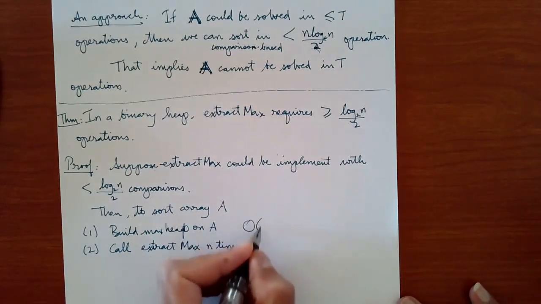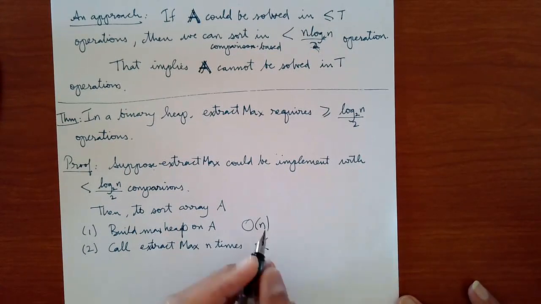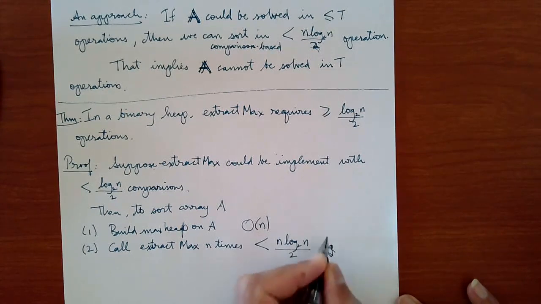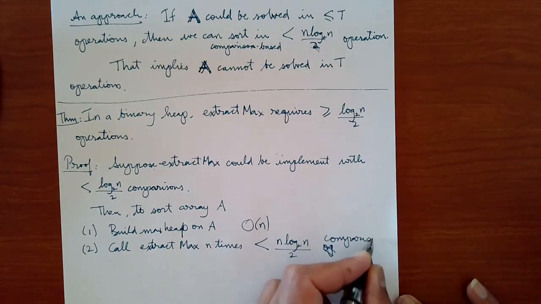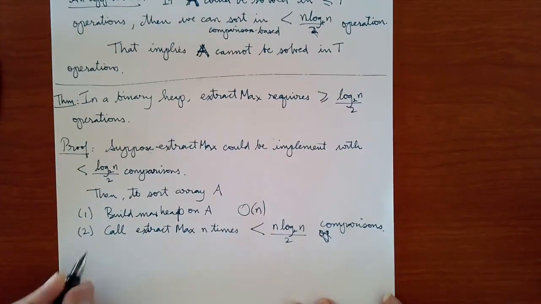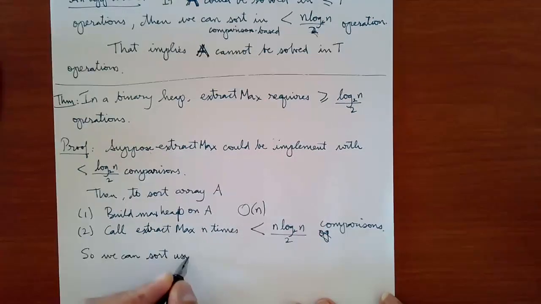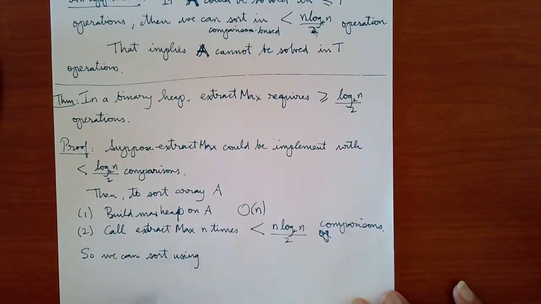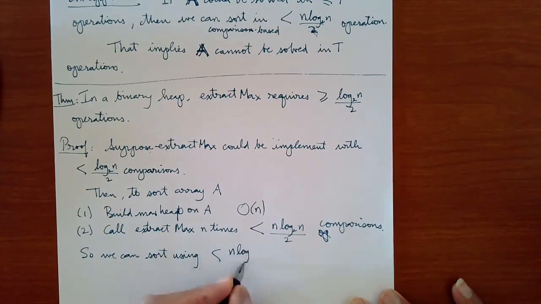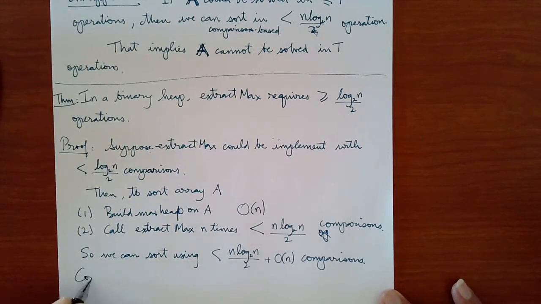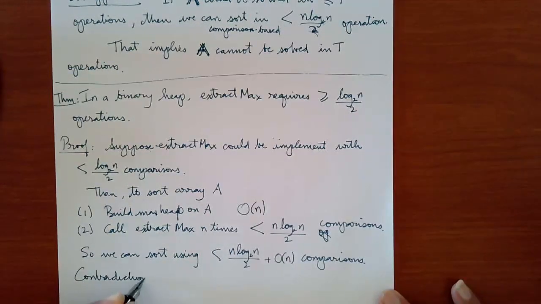The first step is O of n. The second step is going to use less than n log base 2 n over 2 comparisons. So we can sort using essentially at most n log base 2 n over 2 plus O of n comparisons, and that's a contradiction, completing our proof.